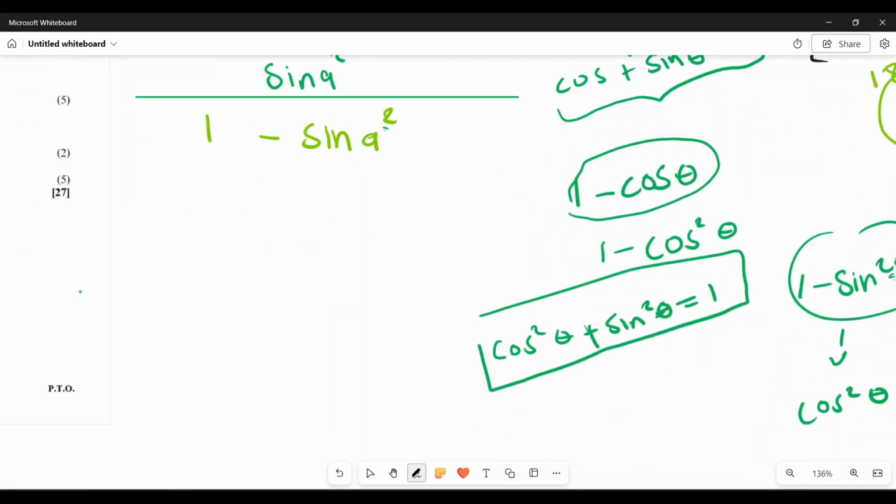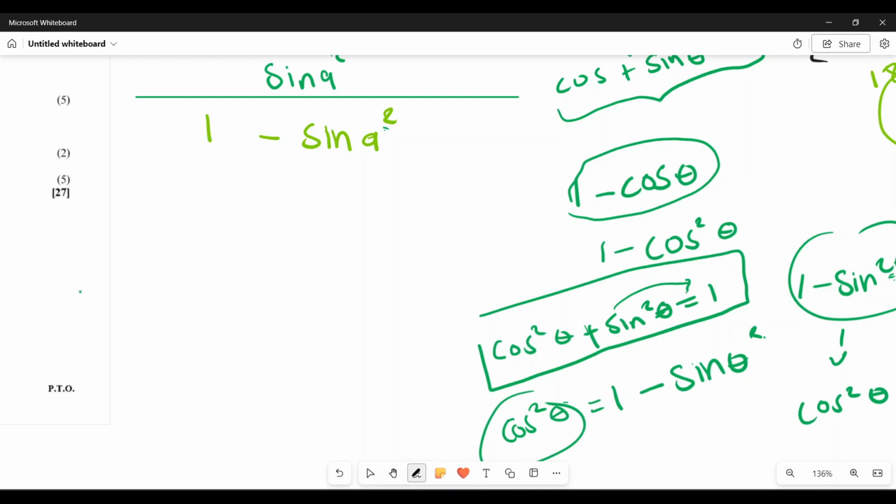So this, 1 minus sine squared A, is the same as cos squared theta. If I were to write this, cos squared theta plus sine squared theta is equal to 1. Taking the sine to the other side is going to be minus sine, right? So this is the same as cos squared theta, or cos theta squared.